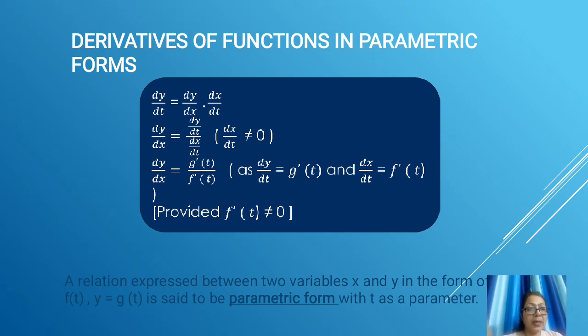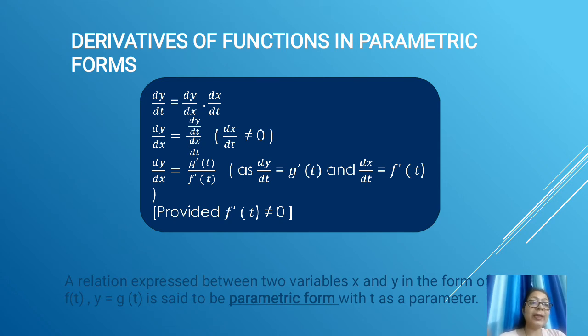Now from here we have to find dy/dx. When there is a relation between x and y like this, it is said to be in parametric form with t as parameter.